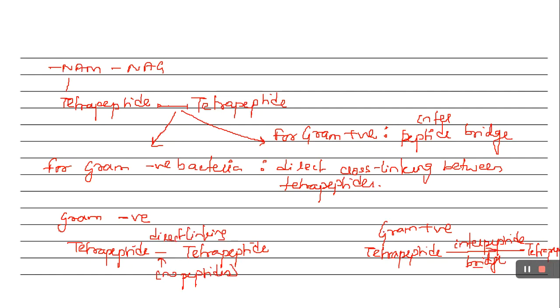Peptides are there between the two tetrapeptides. Got it? So it is not interpeptide, it is peptide interbridge.